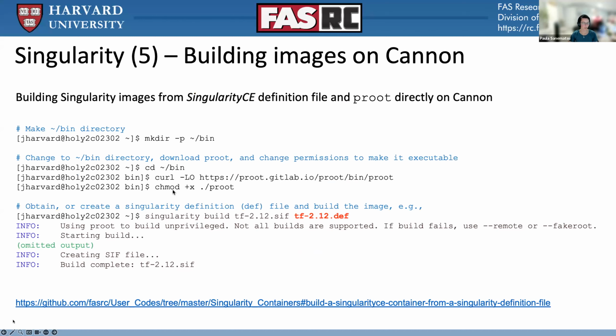You change the permissions for proot so you can execute it. And then you can build a Singularity image with the command singularity build. This is the name of the image that you would like to build, and this is the definition file that you're using. And the definition file is in our GitHub page.